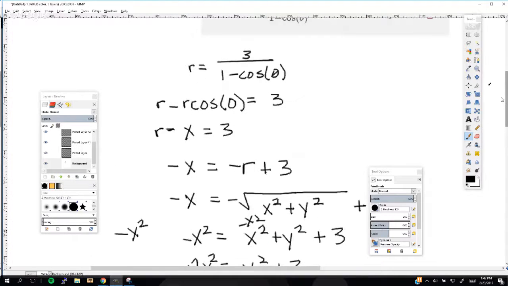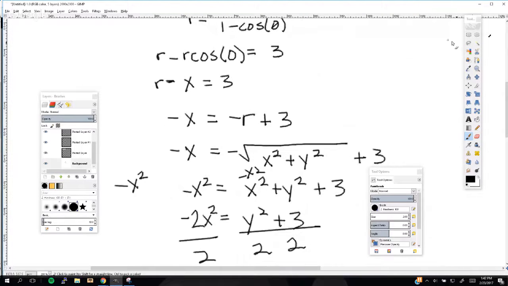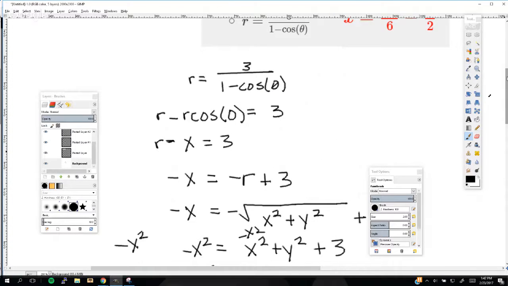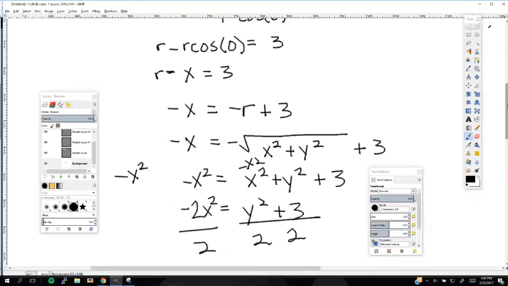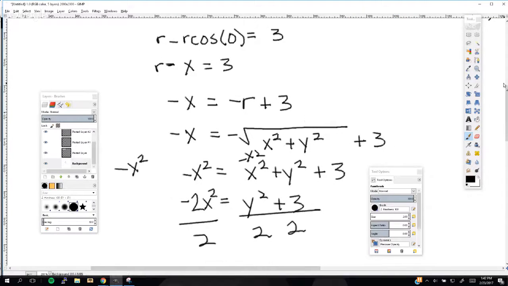So what you do is you times both sides by cosine. Our cosine becomes x. Then you bring r back over to the right side, and it becomes the square root of x squared plus y squared.